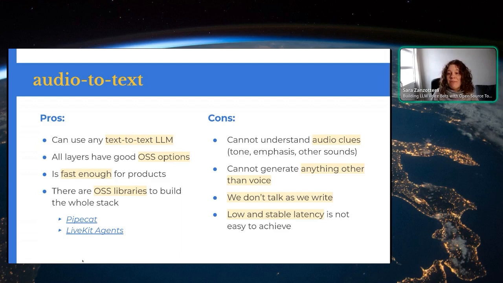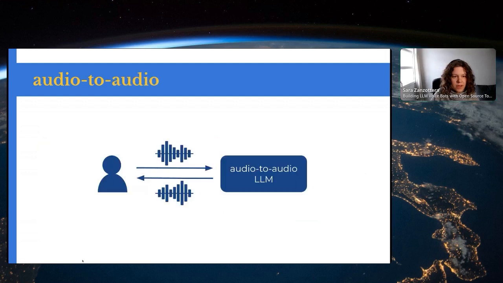So when an LLM replies, the conversation will always feel a little bit rehearsed, like prepared, simply because there will be no padding, no hesitation, nothing. So it will feel a bit stiff. Still pretty natural, but not 100%. And again, there is the issue with low and stable latency that is not too simple to achieve, because simply you have a lot of components in a pipeline like this.